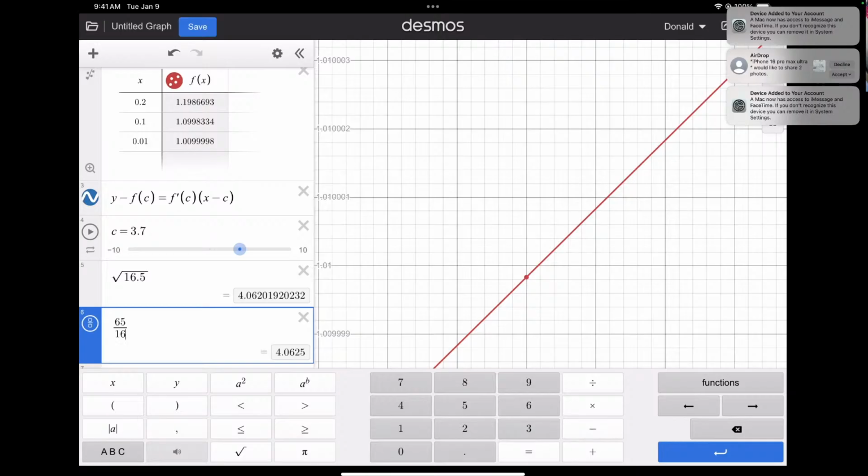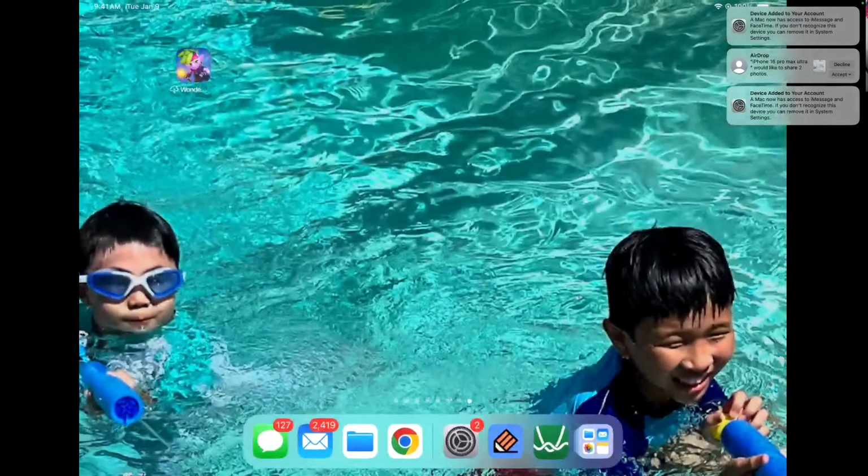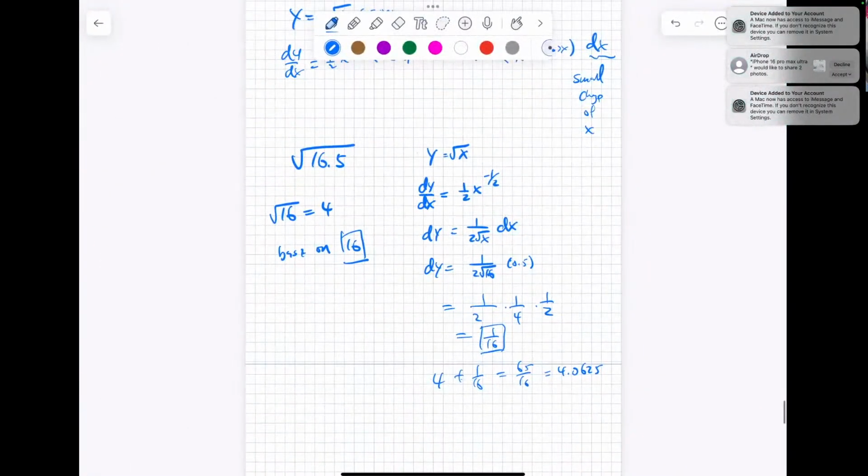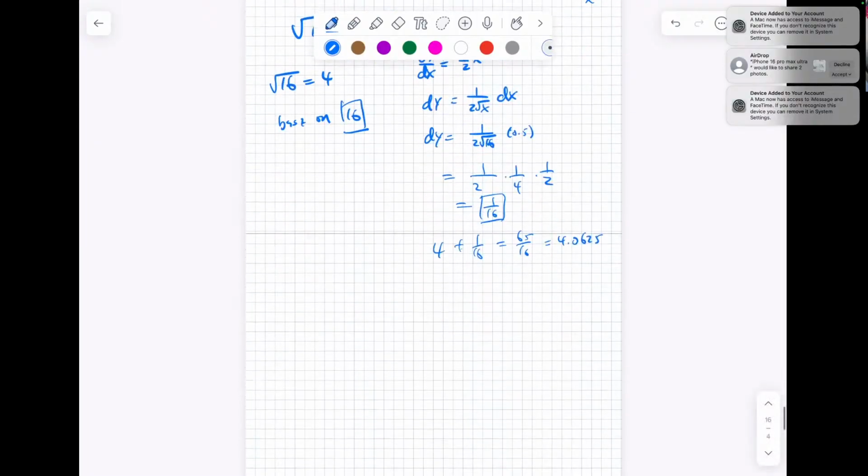Does that make sense? Okay, so basically this is what it's going to be, and then you say, okay, well, I want you to approximate cube root of 7.8. Now I want to show you the equation of the tangent line. Give me a second.